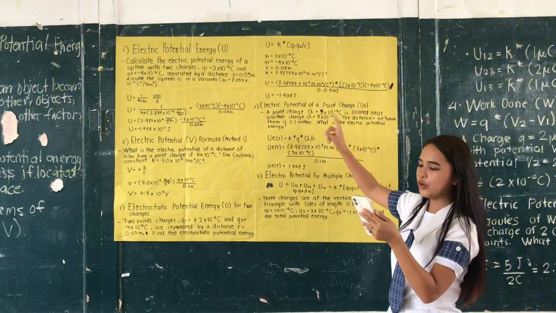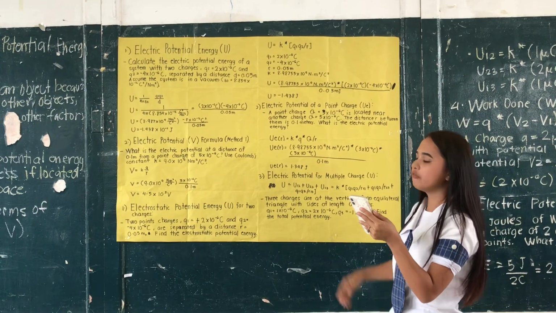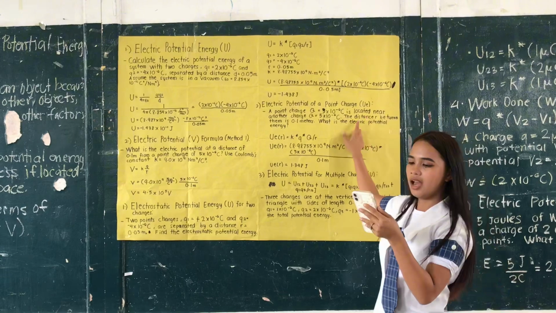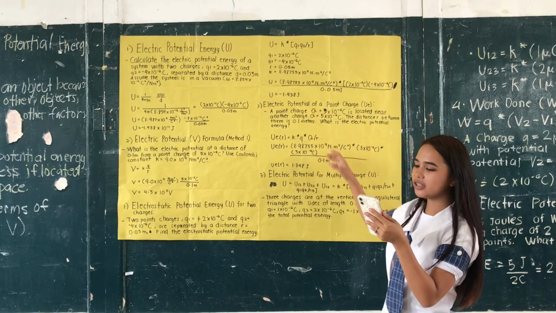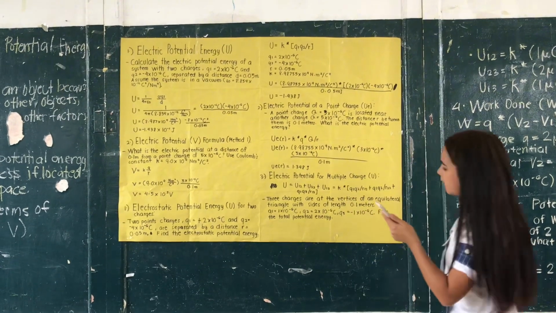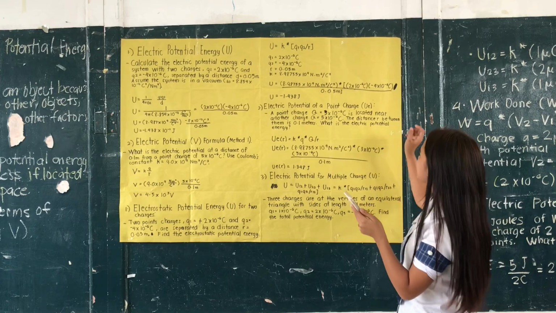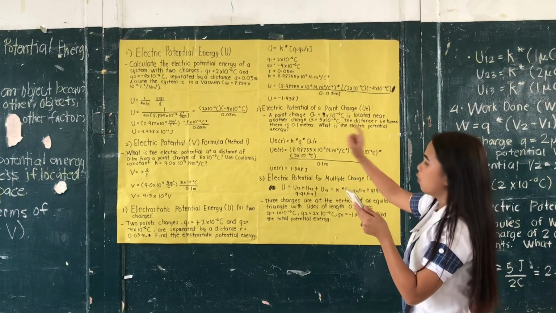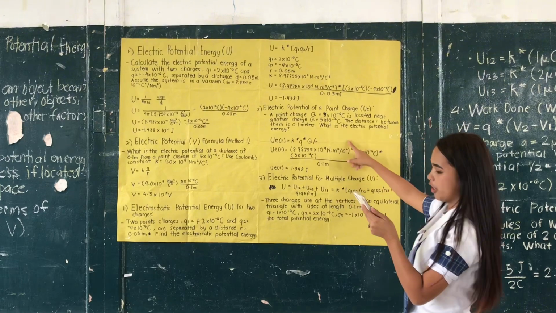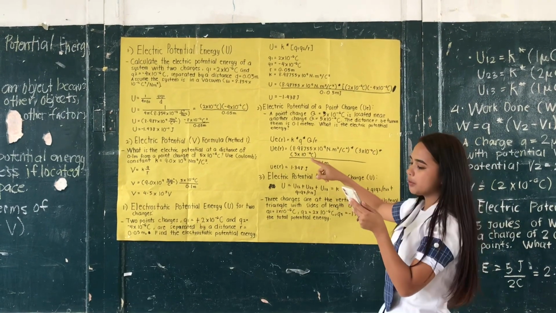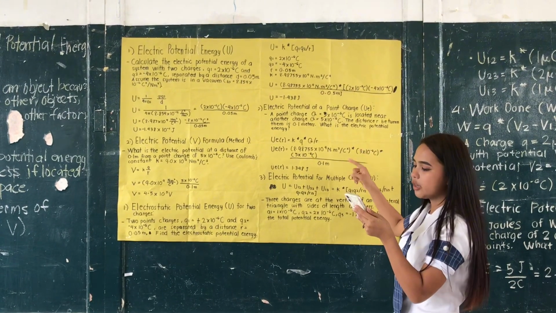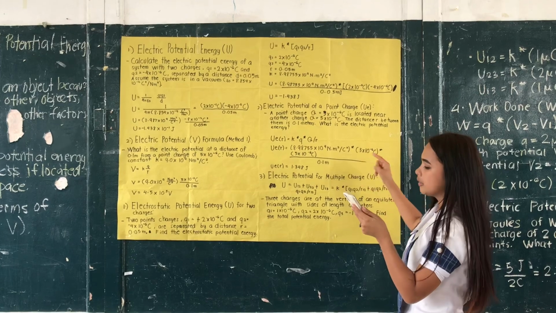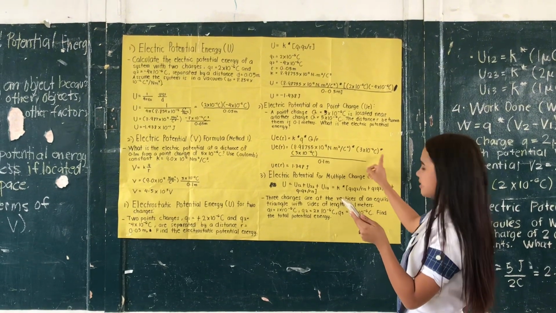A point charge Q1 equals 3 times 10 to the power of negative 6 coulomb is located near another charge Q2 equals 5 times 10 to the power of negative 6 coulomb. The distance between them is 0.1 meter. What is the electric potential energy? Electric potential energy at the distance R equals the Coulomb constant times charge times test charge over distance.